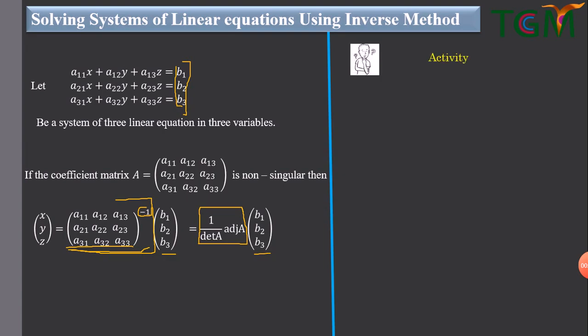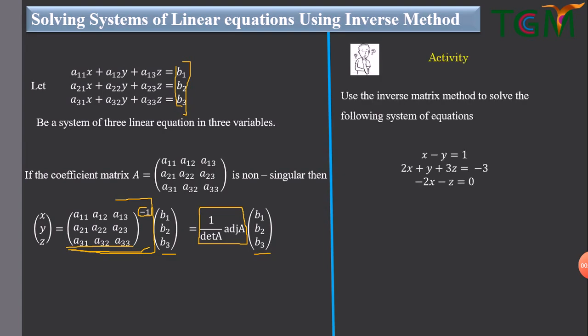Okay, let's look at this activity. I've decided to use the same question which I used in the previous example, where I used this same matrix to find the inverse.